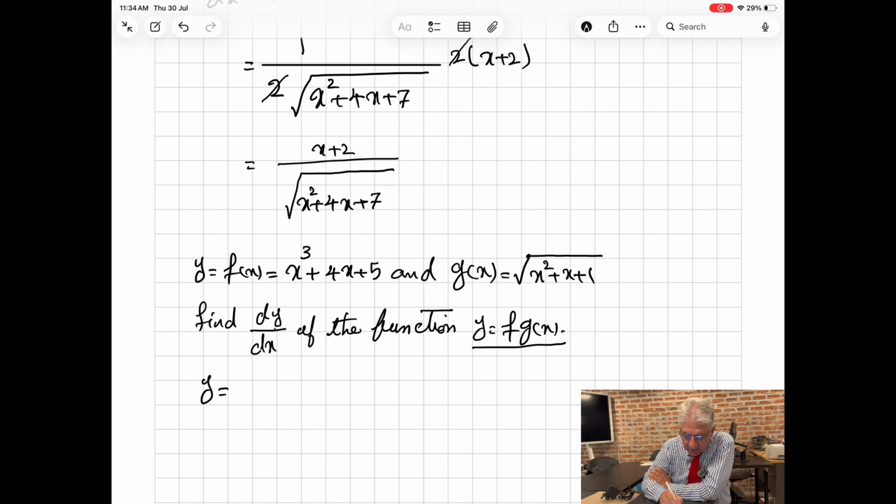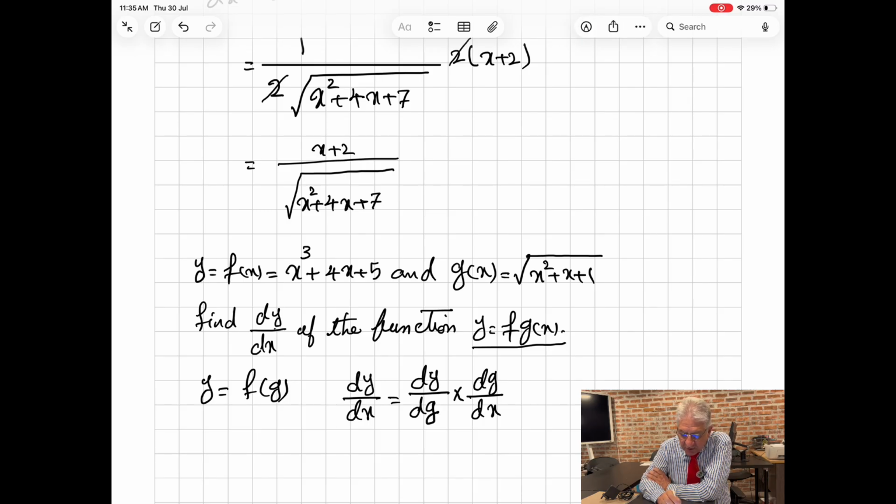Therefore, y is equal to f of g, and g is a function of x. So dy by dx will be equal to dy by dg times dg divided by dx.